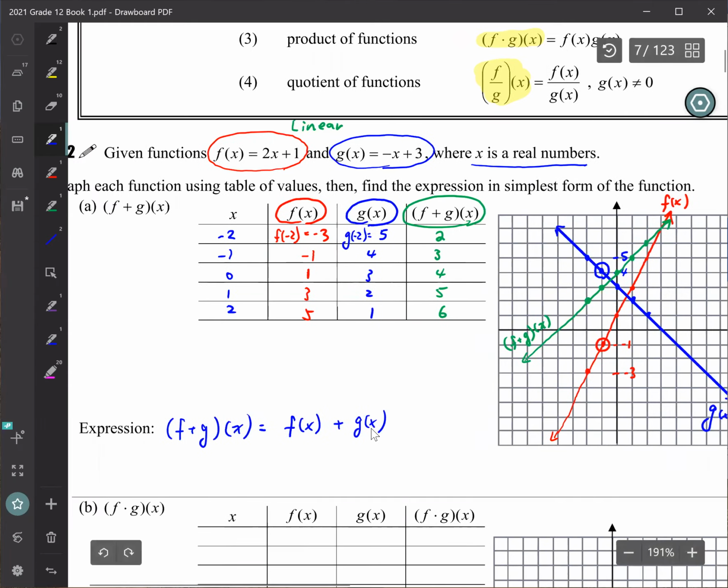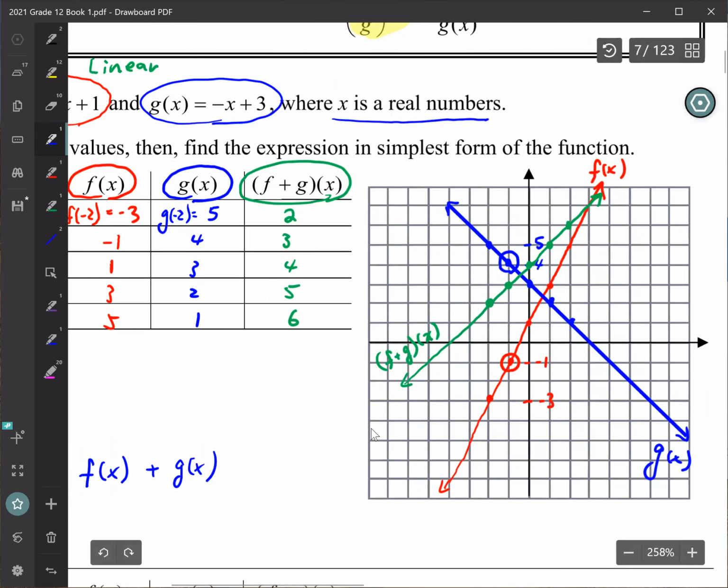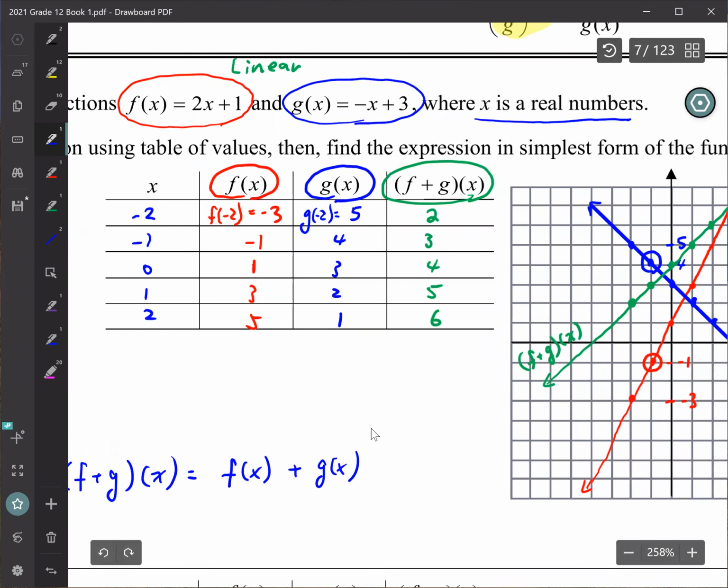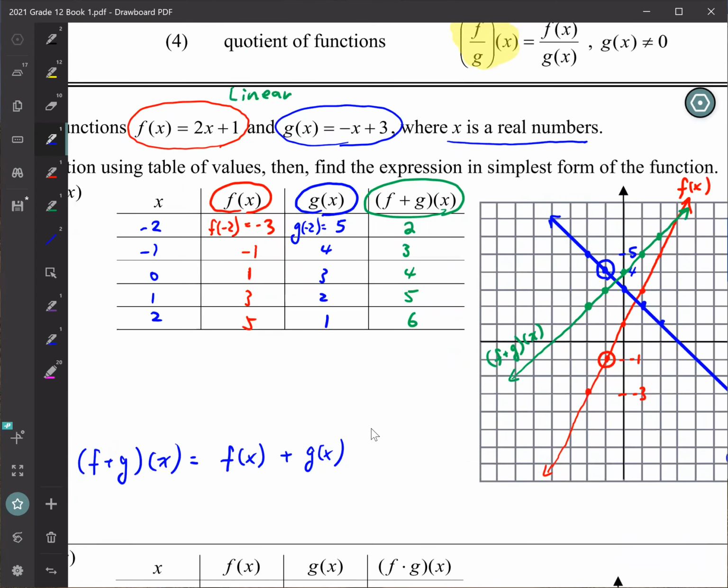Sometimes they just want you to get the expression. Expression means the equation for the function, right? Because we know f of x for the red is 2x plus 1. g of x is -x plus 3. What about the green? What would be the function for the green line? You just add them up.